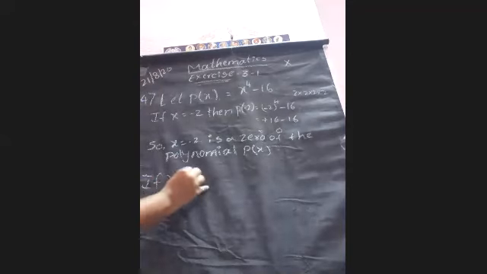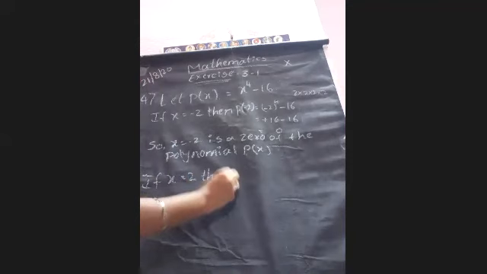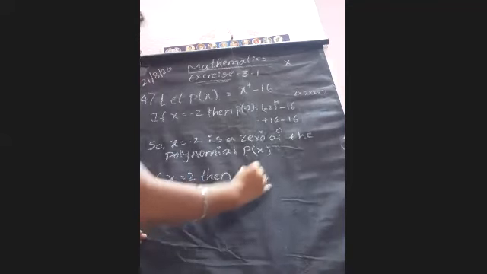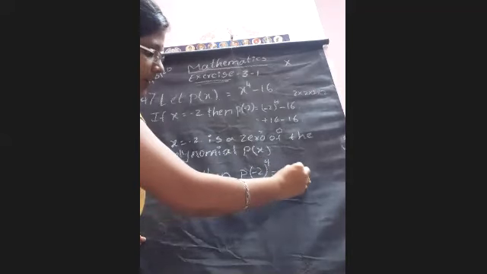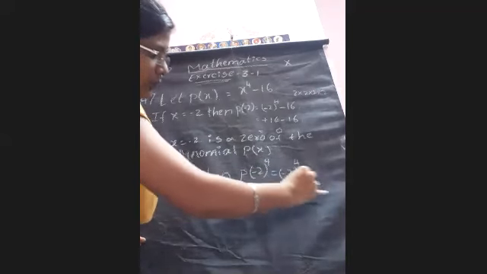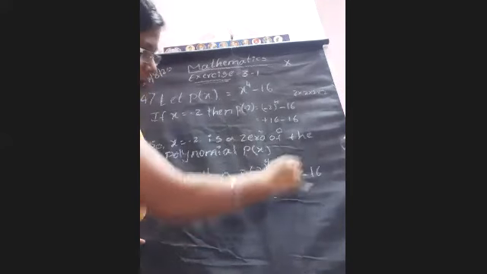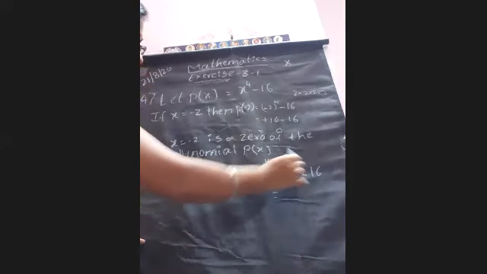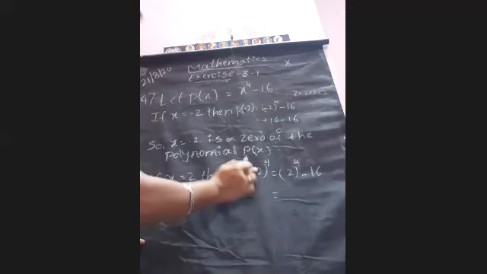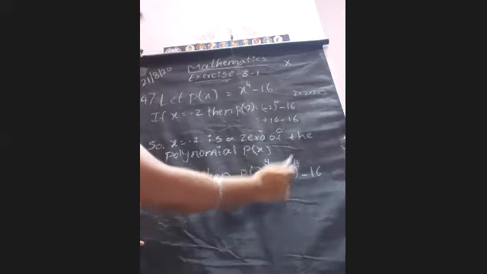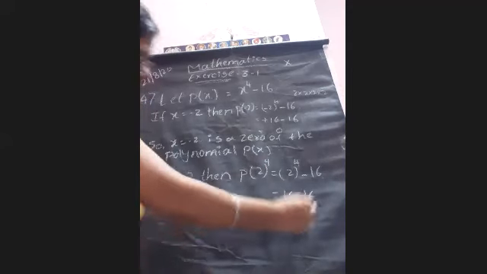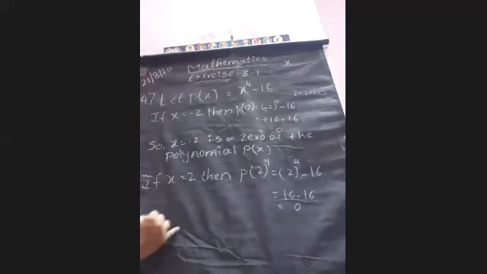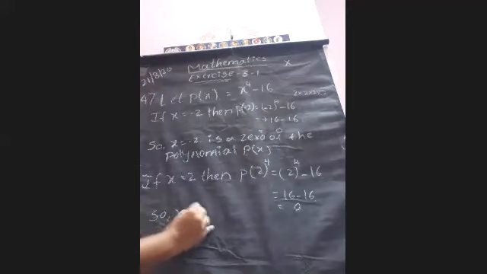If x equals 2, then P of 2 equals 2 whole power 4 minus 16. The power 4 is an even number, so directly we write 16 minus 16 equals 0. So x equals 2 is a zero.